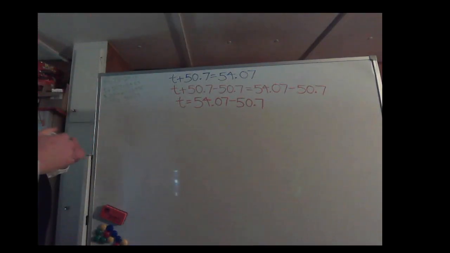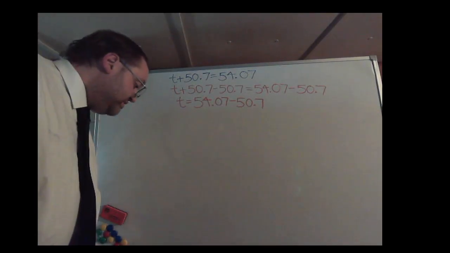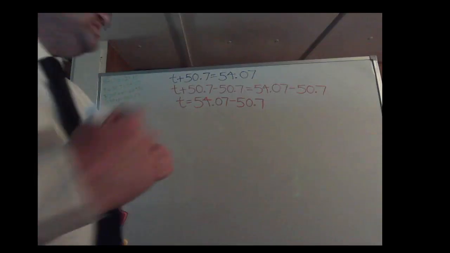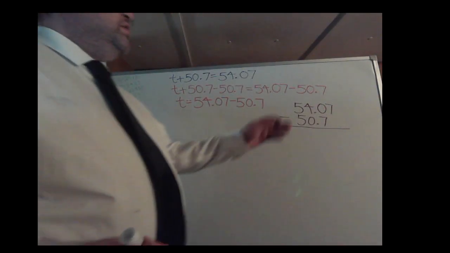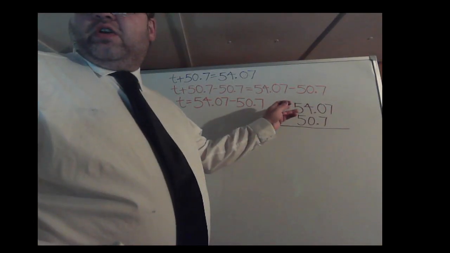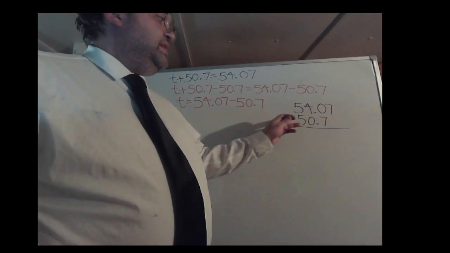Now we are just left with a subtraction problem that we got to solve. I will work that out over on the side here. So we have 54.07 minus 50.7. Okay. First term of the equation here, it has 2 decimal places.